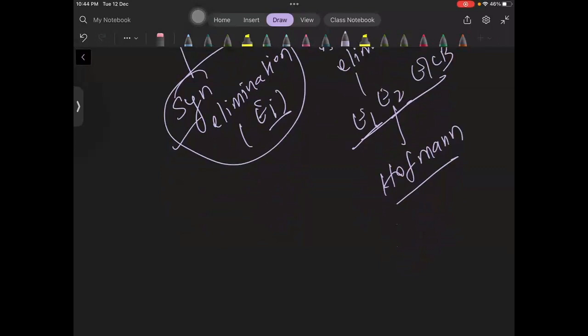Now, how do you check whether Saytzeff or Hofmann is the major product? Only one way, students: the reagent gives you the navigation. The reagent will give you the idea whether it is Saytzeff or Hofmann elimination.